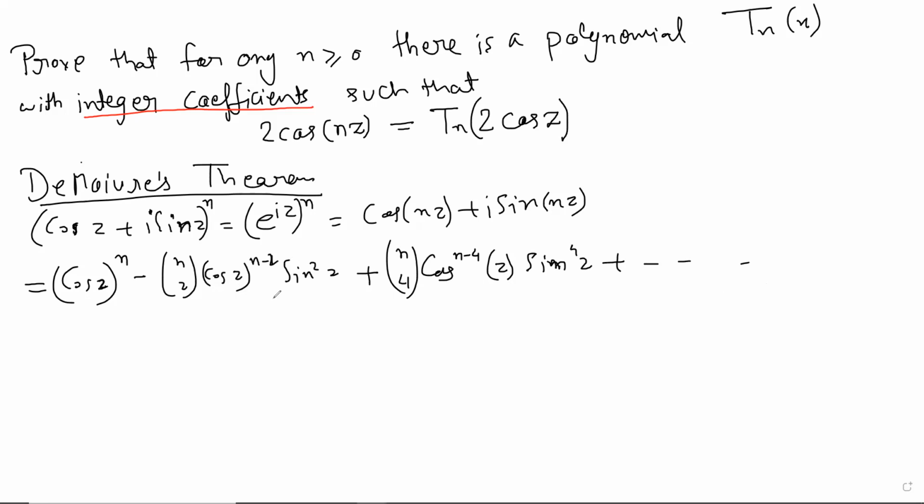It's very simple, but let us try to work out the details. Let me do one thing. Let me write one more term, because we need sine 2 cos. We need to write it as a polynomial in 2 cos z.